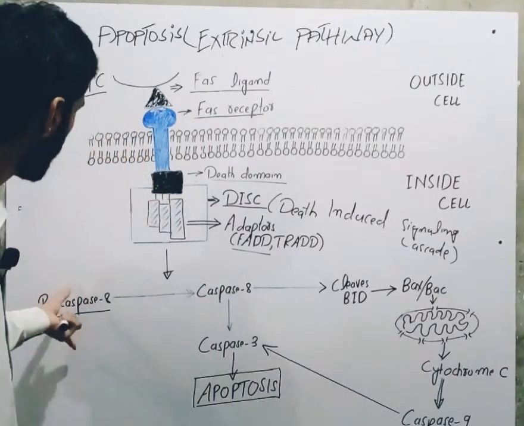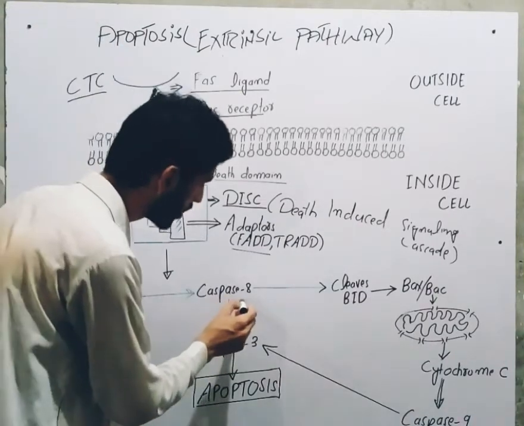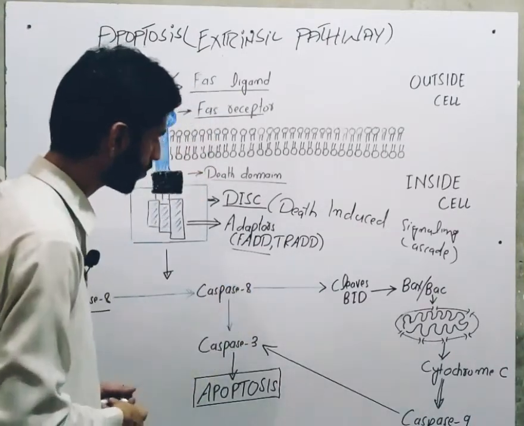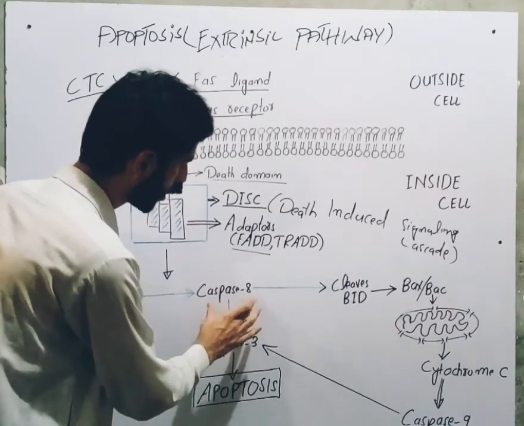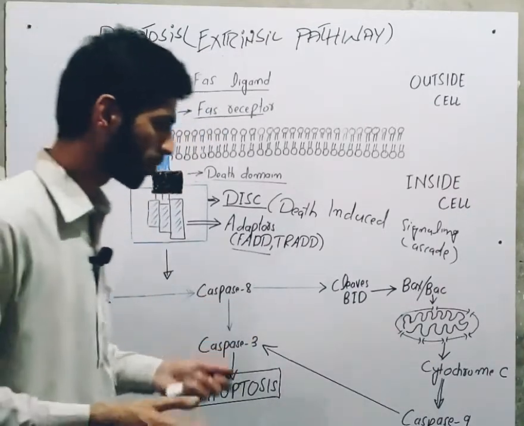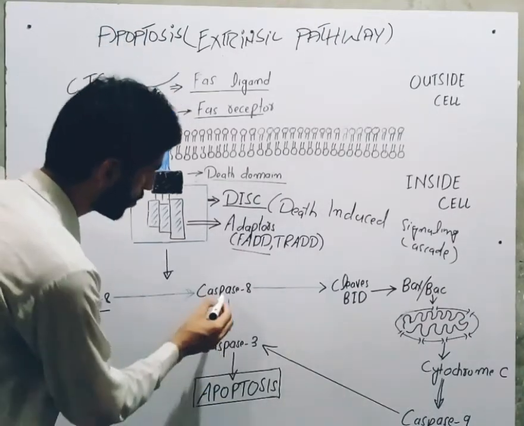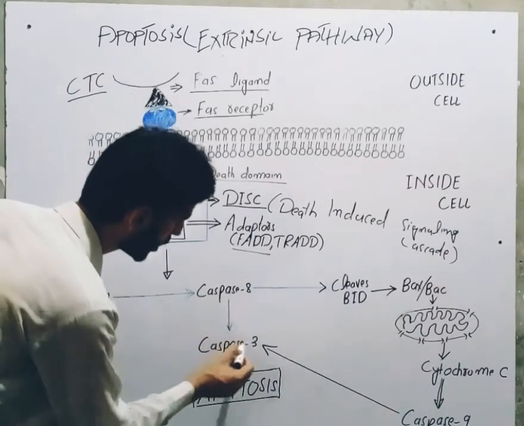When it's inactive, it is called procaspase. When it gets activated, it is called caspase 8. So now this caspase 8 will activate further caspases. It will actually activate caspase 3 next.